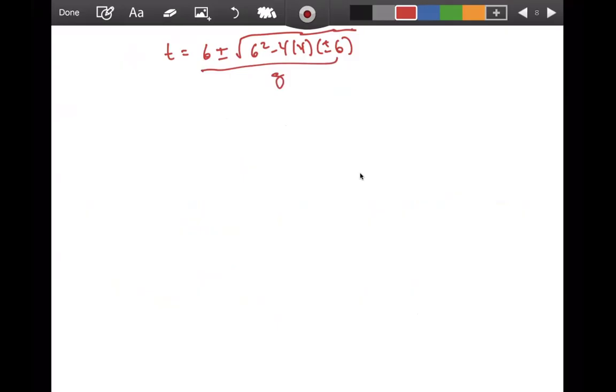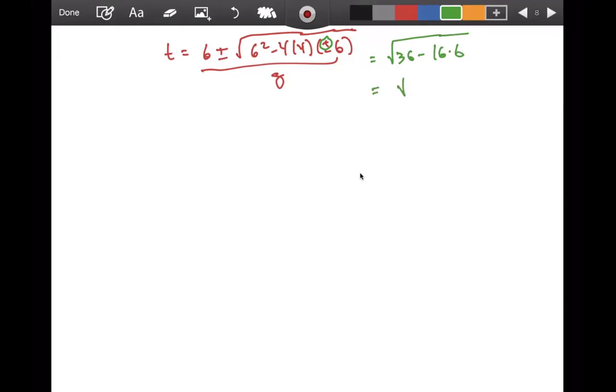Now, let's look at this. First of all, if I keep the positive sign, what happens in that case? Under the square root, we're going to have the square root of 36 minus 4 times 4, which is 16, times 6.